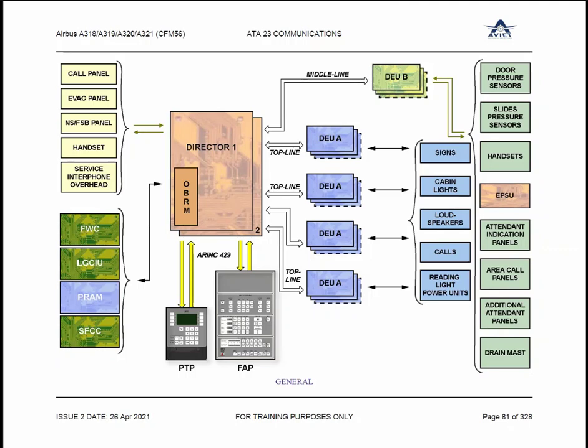A memory card, like an SD card, was coming. So just download the software, insert it, and then start the director. That is how they are working. The other interfaces are through ARINC 429 buses for the PTP and FAB. DUA, DUB are all connected through the top line buses, middle line buses, and these are their functions.